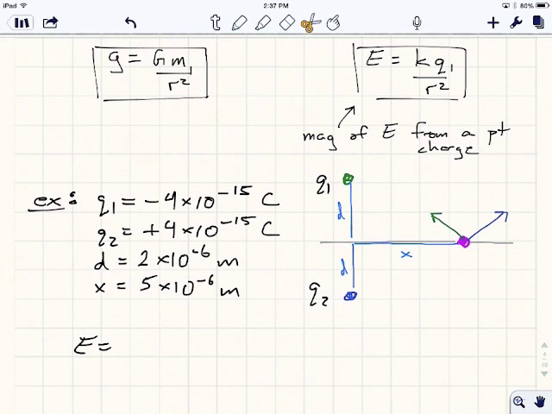Now, because both charge 1 and charge 2 are equal in magnitude, and I have a lot of symmetry here in terms of the distances from the axis, I know that the y components of these two vectors are going to add up, but the x components are going to cancel. So what I end up with is a resulting force that is directed only in the y direction. This is the direction of the electrostatic field at this point.